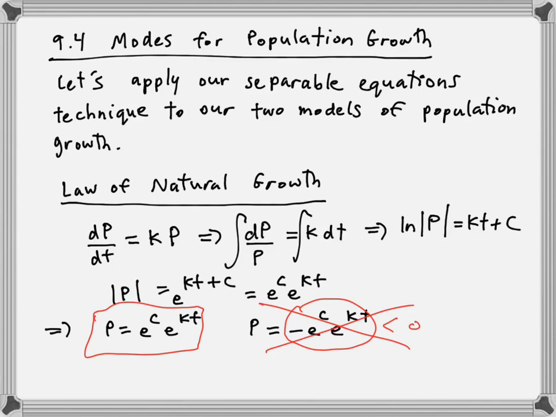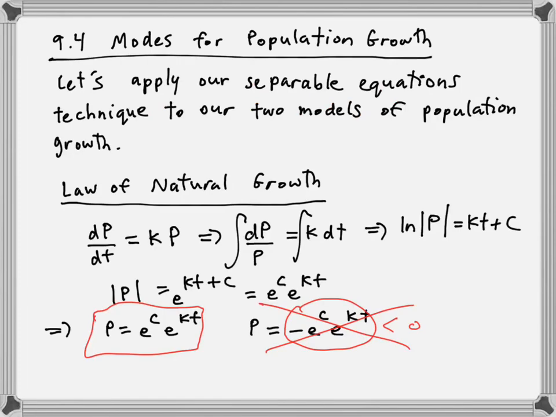Now, to actually find the constant, all we have to do is remember that if P of 0 is equal to, we usually call that P naught for initial population, this means that if we plug in a t of 0, we actually get, sorry, that should say P. We actually get a P equal to P naught.